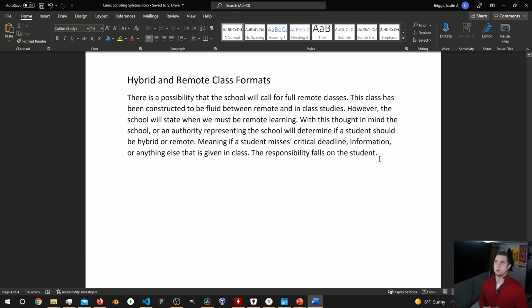Okay, hybrid and remote class formats. This is essentially saying that you as the student do not get to determine if you're going to go hybrid or remote. All my resources are online for flexibility, but if you don't show up to class and you miss something that was critical, that's on you, okay?